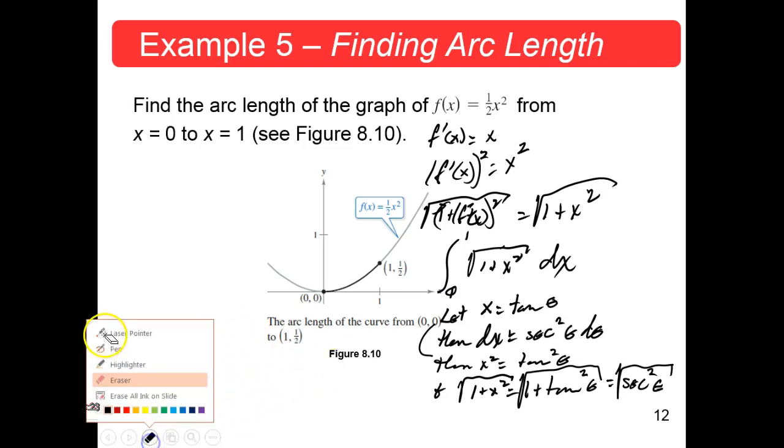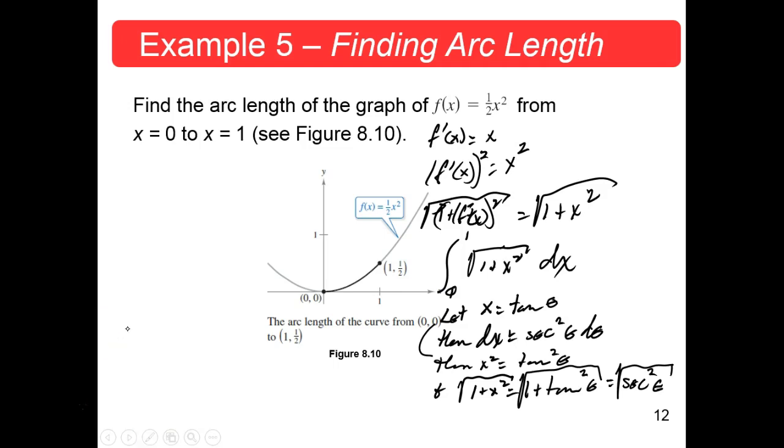All right. So let's pick up where we left off here. We had this integral. I'm going to leave off the 0 to 1 for now. What was our square root of 1 plus x squared?